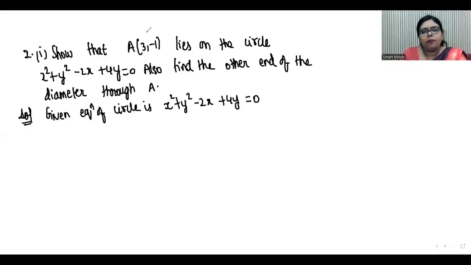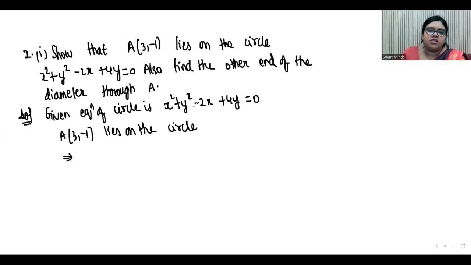Now to show that a point lies on this circle, just substitute the point in the circle equation, and if you are getting 0 = 0, that means the point lies on the circle. So now let us put A(3, −1).